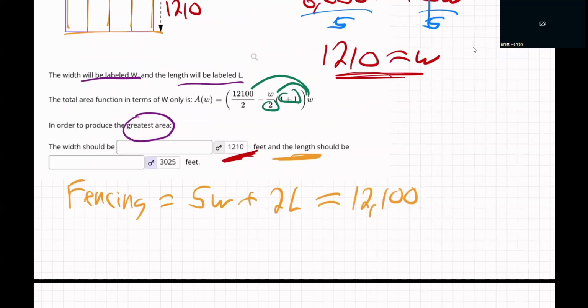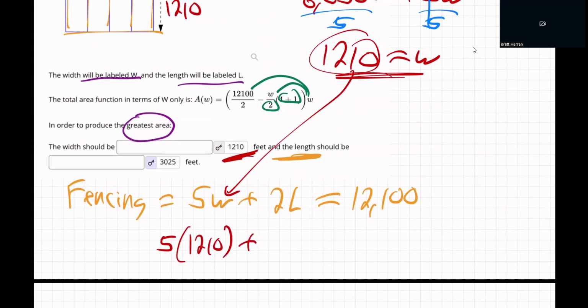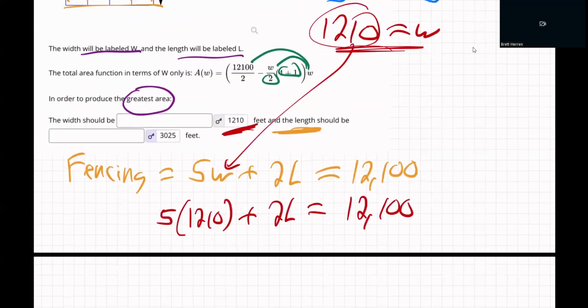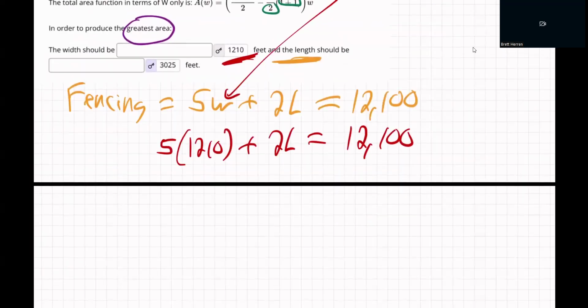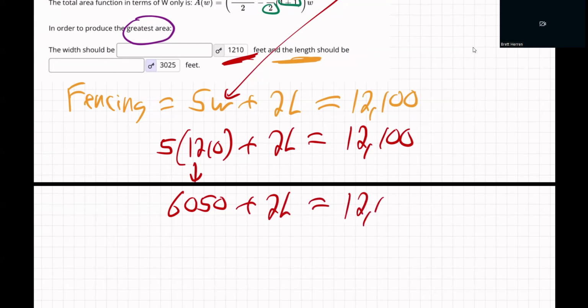Okay. So now grab that W value and pop it in right there. 5 times 1210 plus 2L is 12,100. So what's that? 6,050 when you multiply those, I think. Plus 2L is 12,100.